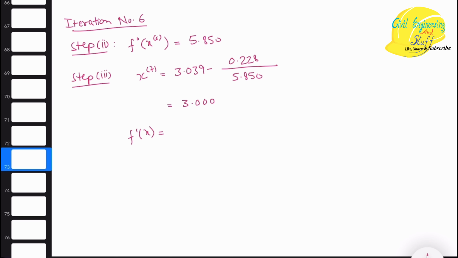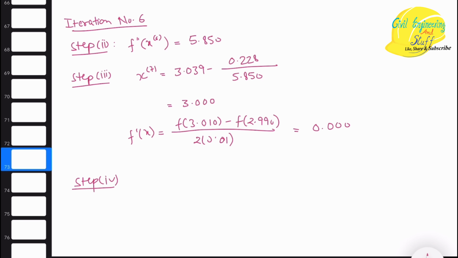You will see for the first derivative the formula is f of 3.010 minus f of 2.990, divided by 2 times 0.01. Alright, so on solving you will observe the point comes out to be 0.0, right? In this step 4 we'll see mod of 0.000 is less than 10 to the power minus 3, right?